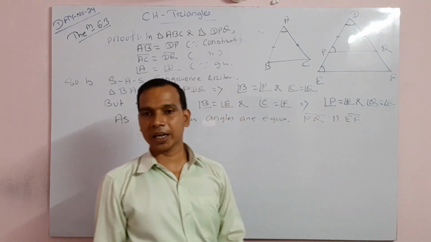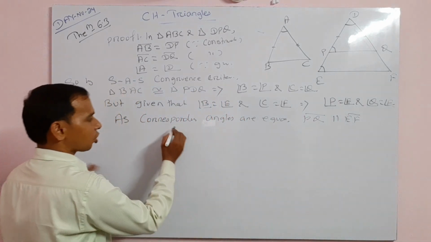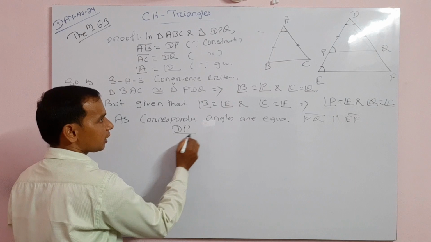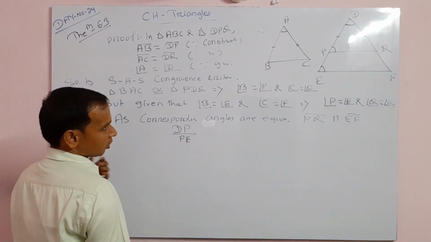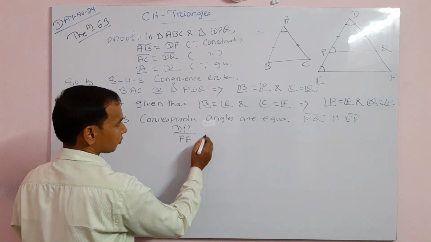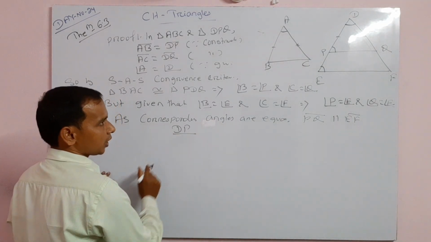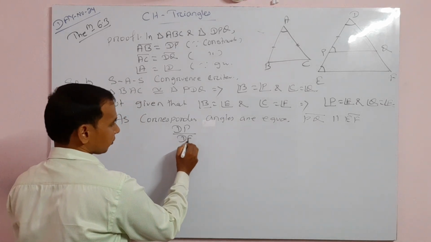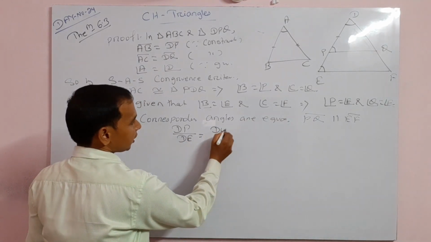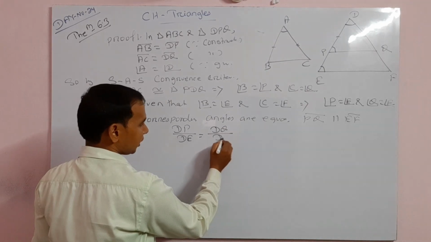As PQ is parallel to EF, so by Thales theorem we can write DP by PE, okay, directly you just write here DP by DE is equal with DQ by DF.